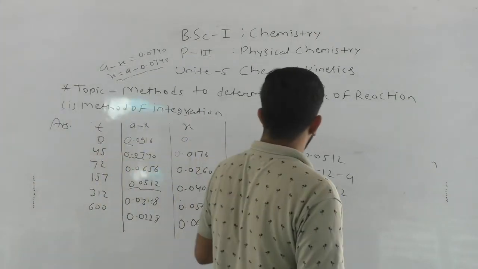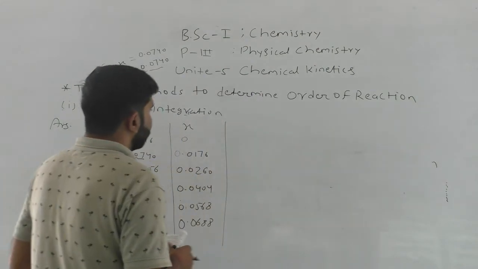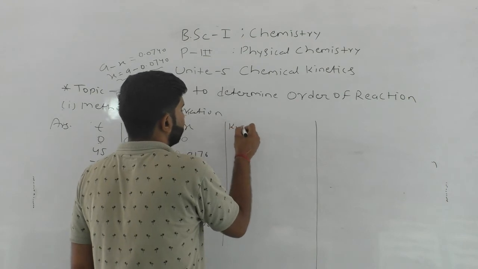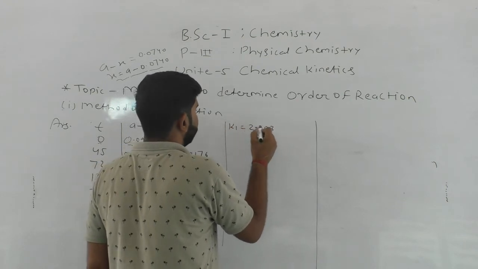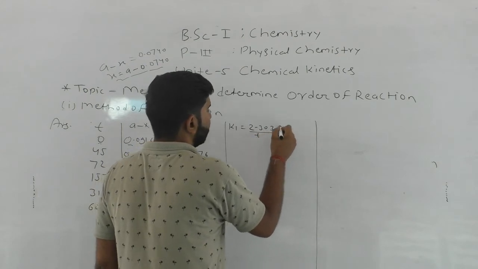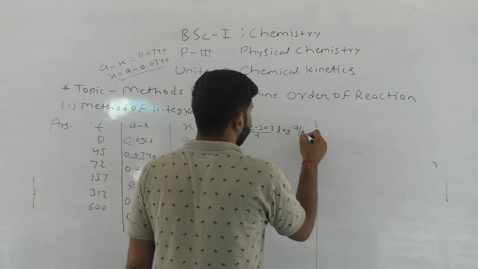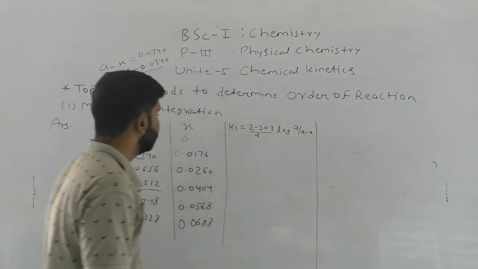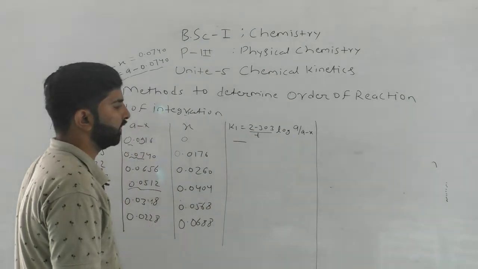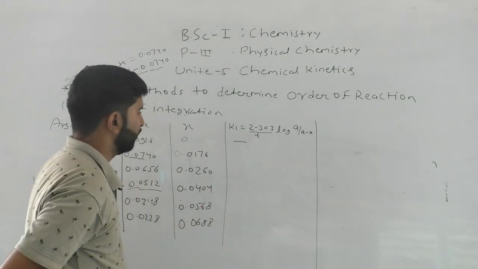Now we put these data into the integrated rate laws. The first order integrated rate law is 2.303 upon t log A upon A minus x. At time T0 the reaction doesn't start, so the value of K is not present.